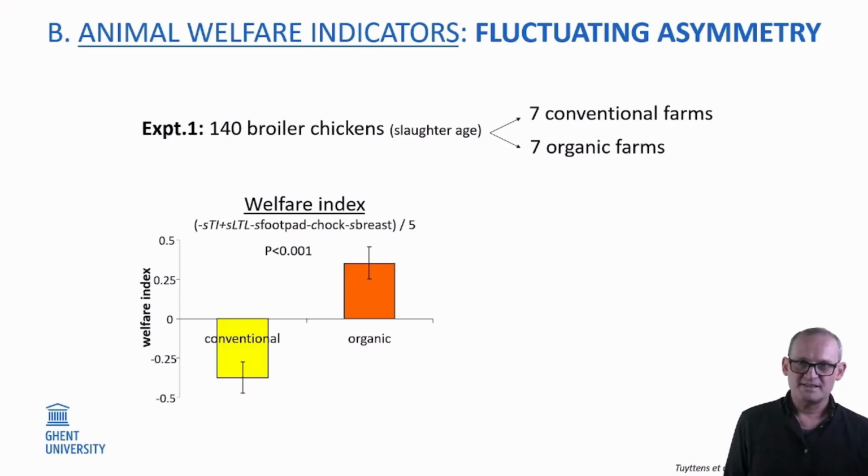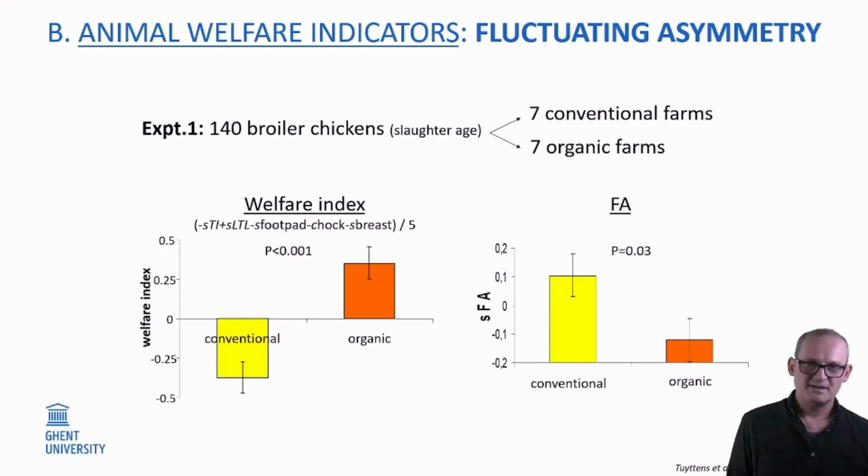So we used again this set of commonly used welfare indicators for broilers, and again the tonic immobility, the latency to lie, the foot pad, hock burns, and foot pad dermatitis and breast blisters. And we used an index that was based on these welfare indicators, and indeed, as we had hypothesized, the welfare index was better for the organic than the conventional broilers.